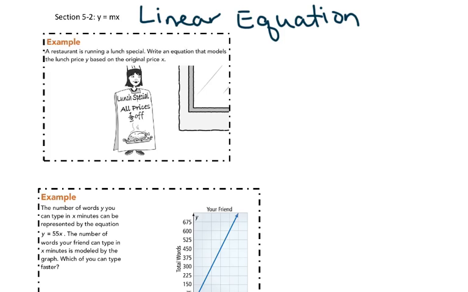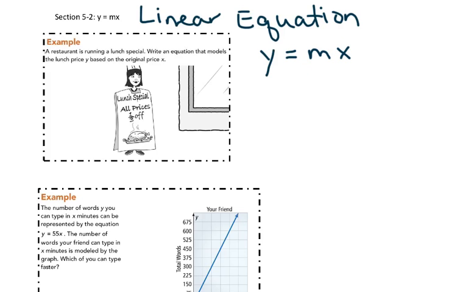In this first example, it says a restaurant is running a lunch special. Write an equation that models the lunch price y based on the original price x. So we know that it has to be in the form of y equals mx. So our job is to figure out what this m value is.